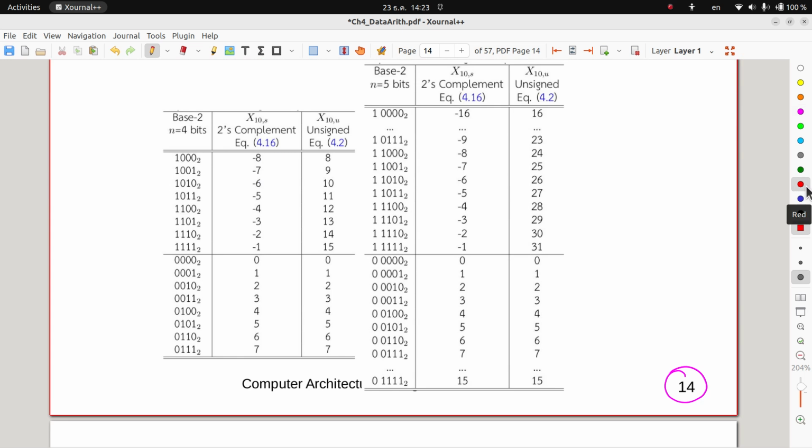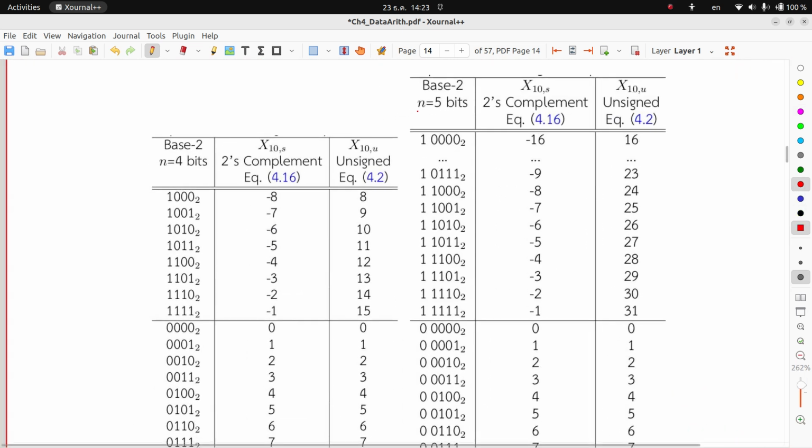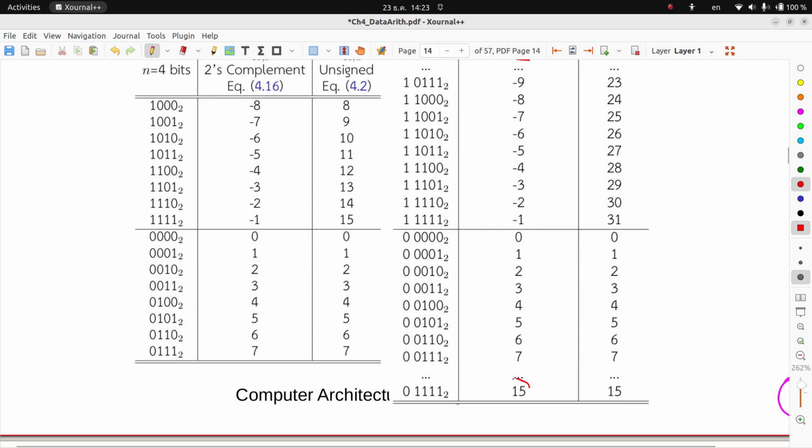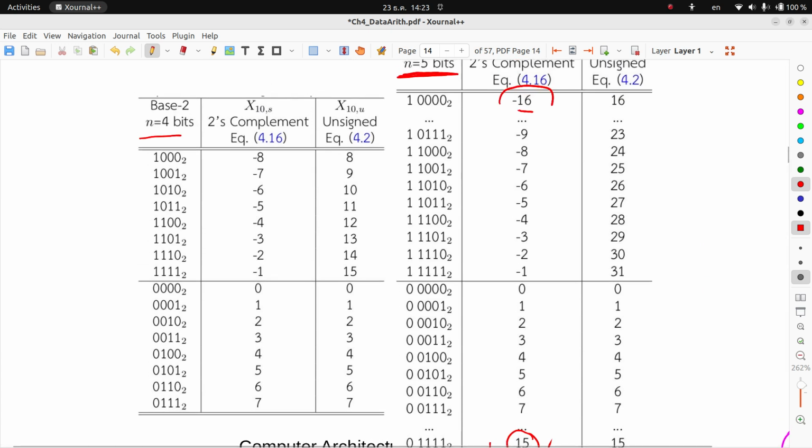As you can see, when n equals 5, I increase the range from minus 16 to plus 15. But for n equals 4, I have only minus 8 to plus 7. Can you see that?